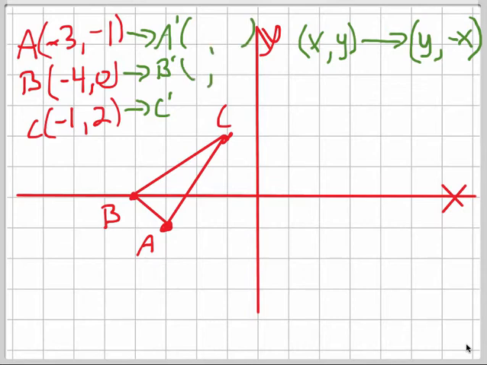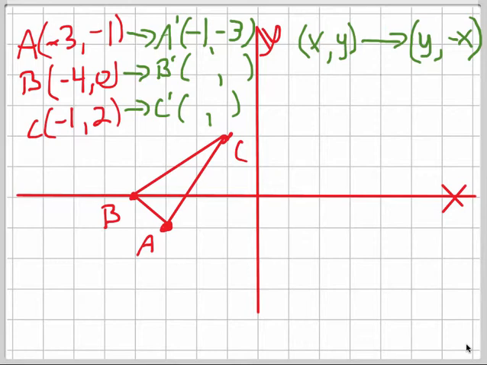which never seems to go as well as planned. I'm going to erase this guy right here. We know that's point C. So let's follow that rule and see what happens here. Okay, I'm going to flip -3, -1. It's going to become -1, -3.